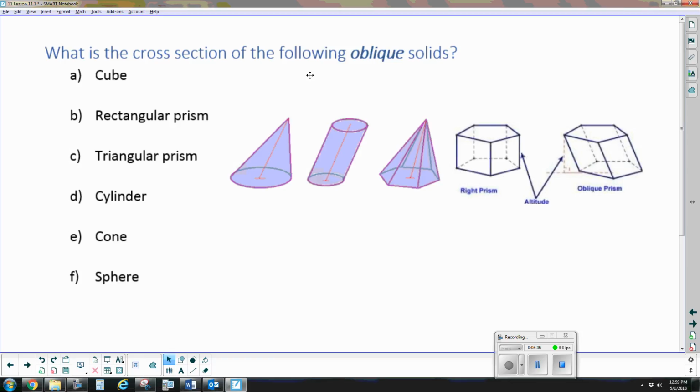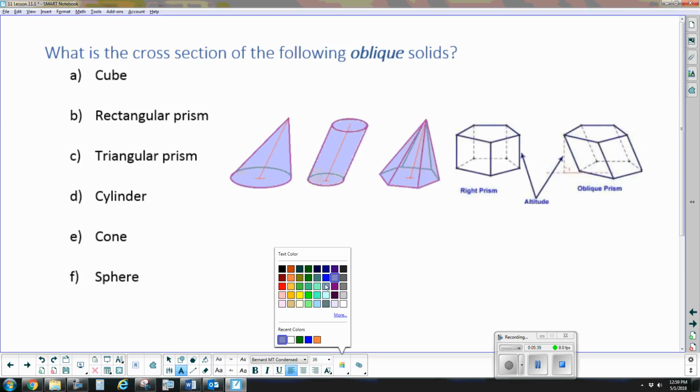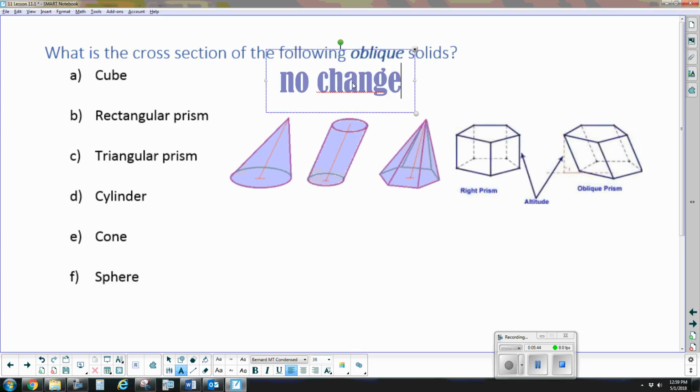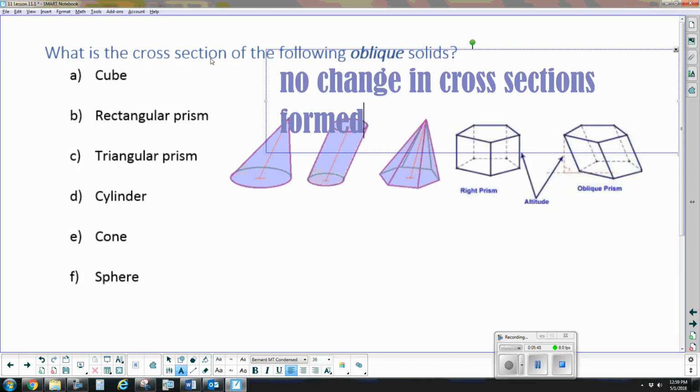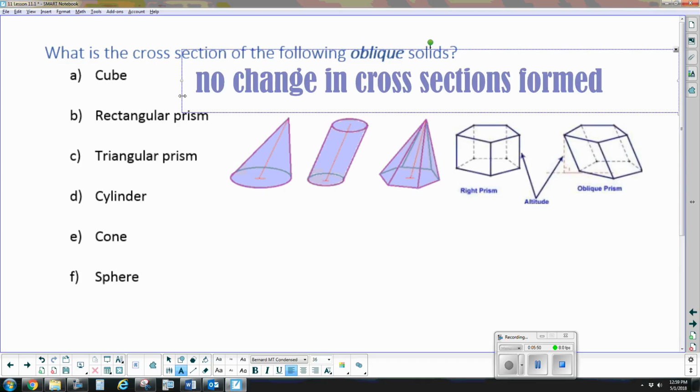Now the cross section for these oblique solids is exactly the same. So between oblique solids and right solids, there is no change in cross sections, because any cross section we take, we can just take it at an angle.